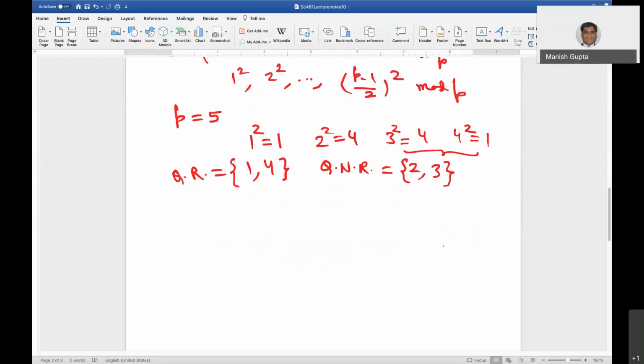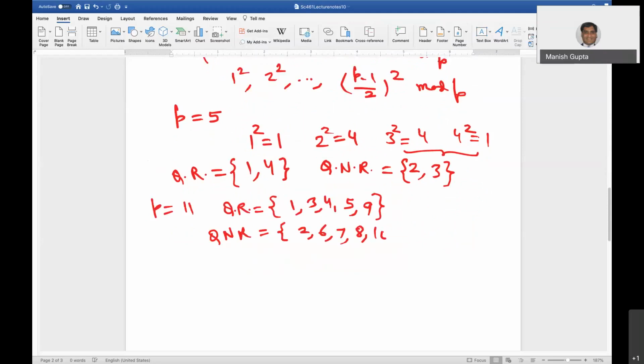Let us take another example. P is equal to 11. So you can see that the quadratic residue set is 1, 3, 4, 5, 9. And the quadratic non-residue set is 2, 6, 7, 8, and 10. Okay.